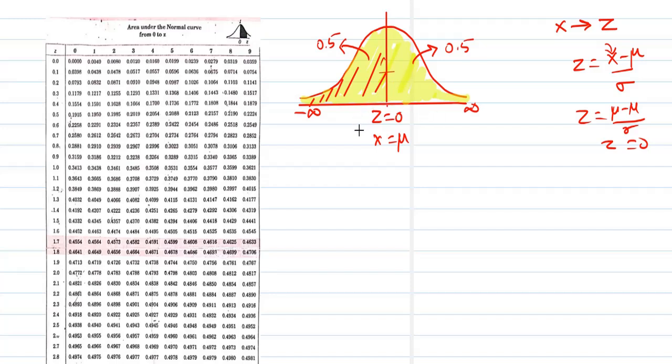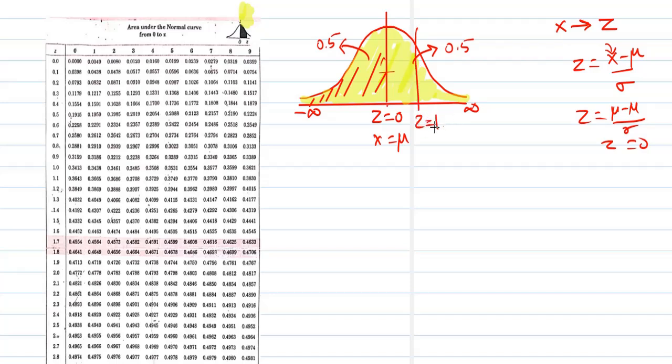Now, if we want a region, how is it measured? The region is always measured from the center line. You can see over here the region is measured from the center to any particular portion we require. Say we want from the center to the point z equal to 1. How do we go about it?